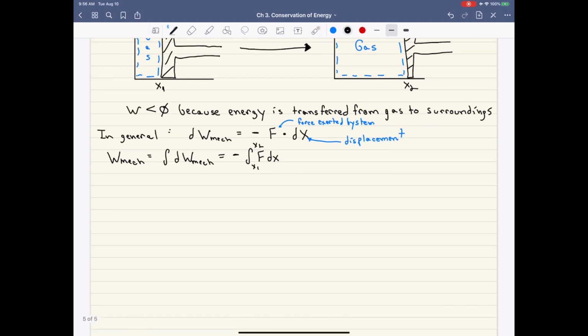And so the reason that nothing is happening is because in state 1, the force exerted by the gas, which I'll call F gas, is equally balanced out by the force exerted by the atmosphere outside of the system. Right? And so I'm going to call that force atmosphere. And so force gas and force atmosphere are balanced. So the piston is not moving.